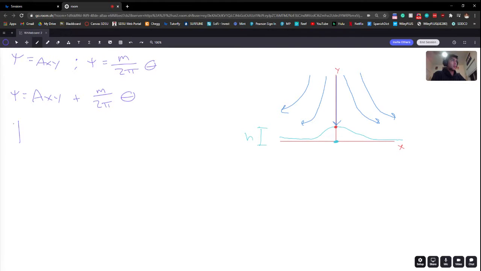So we get psi equals a times r cosine theta times r sine theta plus m over 2 pi theta.